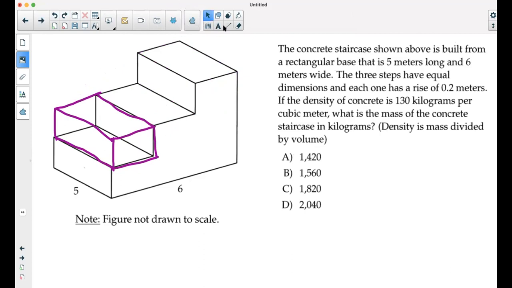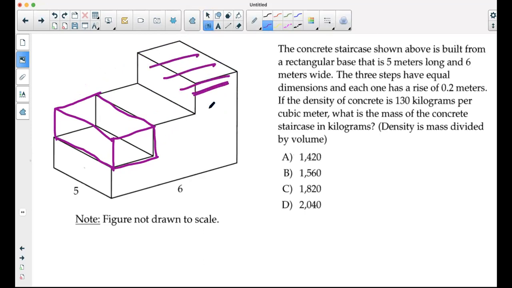Then, as if I don't have this piece anymore, and then mine ends right over here, isn't it? Then I have a rectangular box where height is 0.4 because 0.2 is each rise. Then what I can do is, because we're looking for the mass, whether I put this piece over here or left it over there, it doesn't matter, it's going to be the same weight. I just made the figure a bit simpler by doing this.